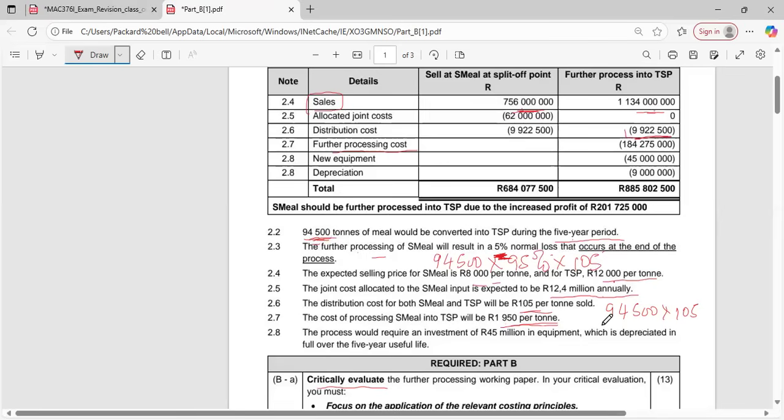But anything after the process is where the normal loss applies. That's why these guys underline that it occurs at the end of the process, which means the processing cost is going to be costing these quantities, 94,500 tons. I'm sure that's how we should put it. So how much is it going to be if we multiply 94,500 times 1,950?